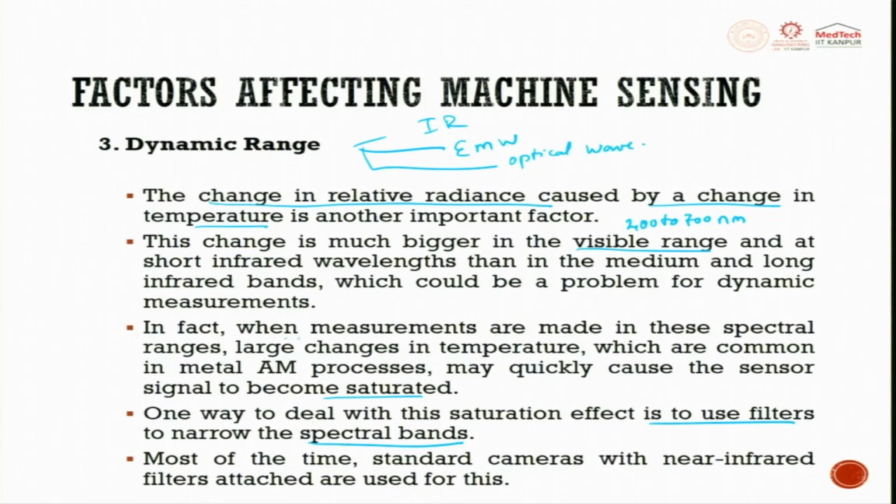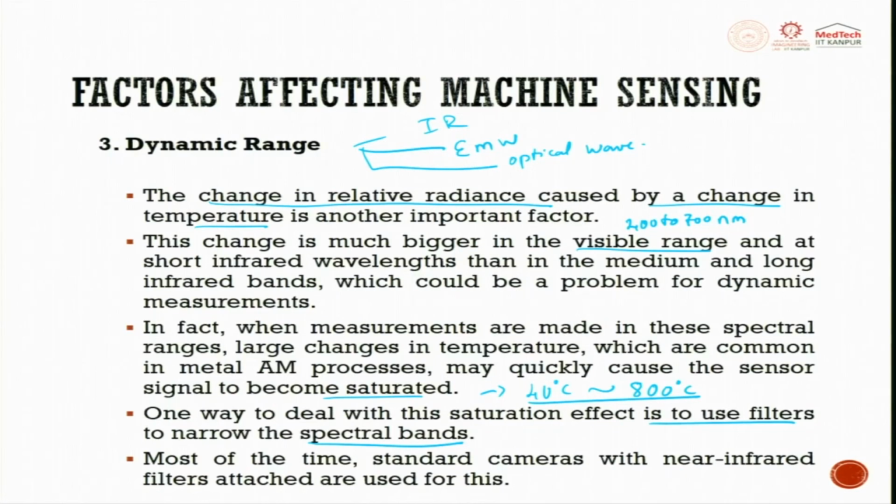So, when the measurements are made in this spectral range, large changes in temperature which are common in metal additive manufacturing process may quickly cause the sensor signal to become saturated. Why? Because you operate somewhere from 40 degrees Celsius to 800 degrees Celsius.